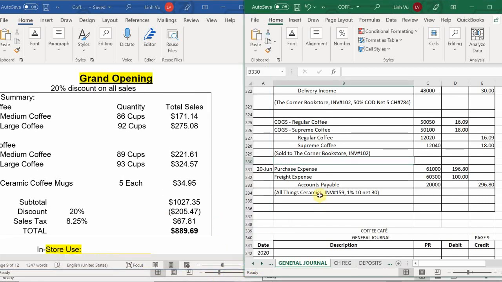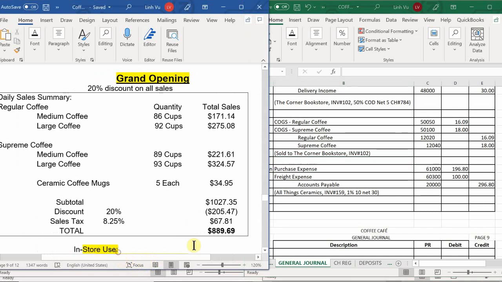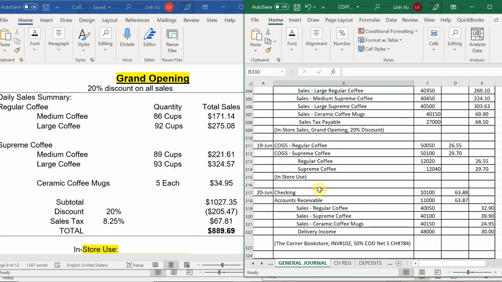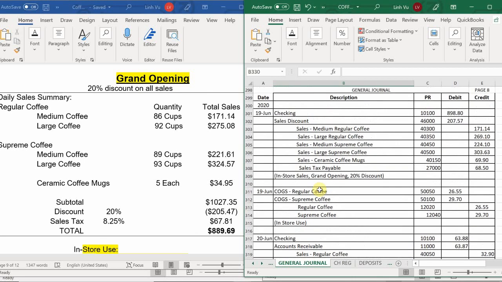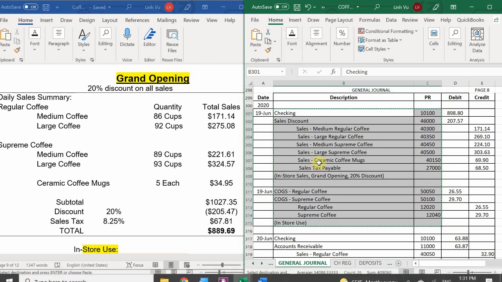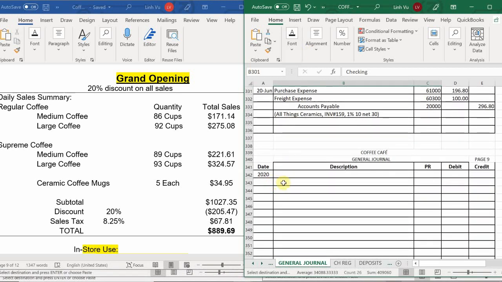We have checking, we have a sale discount. Okay, we have checking, sales discount. Good. Sales medium regular coffee. We have sales regular large coffee. Good.